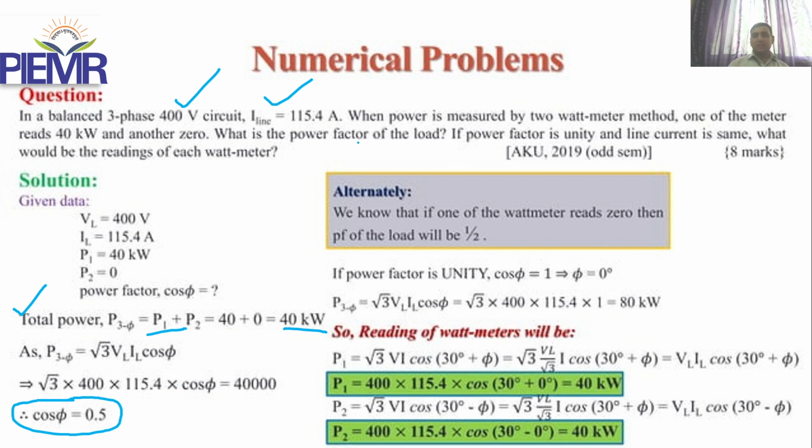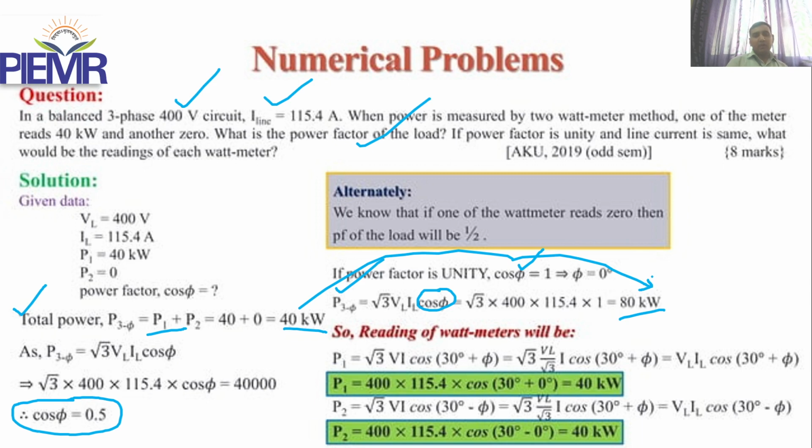Okay, now the first part is completed. Now in the second part, if the power factor is unity, power factor is 1, then the total power can be calculated by replacing only the cos phi value, and the overall power is 80 watt. So the total power is increased to 80 watt. It is one of the important things. Then what will be the reading of each individually?